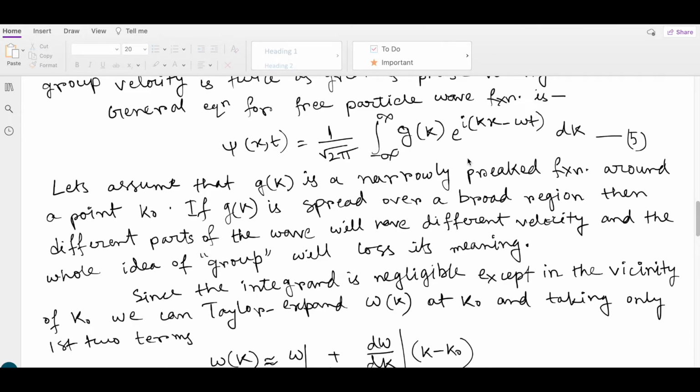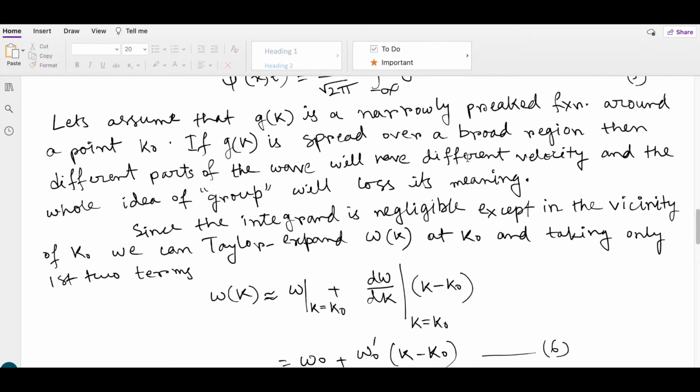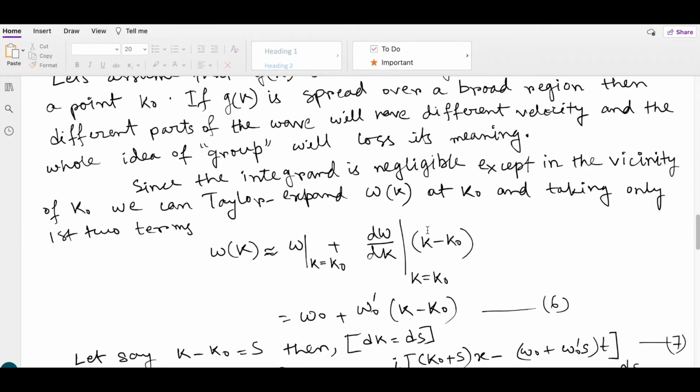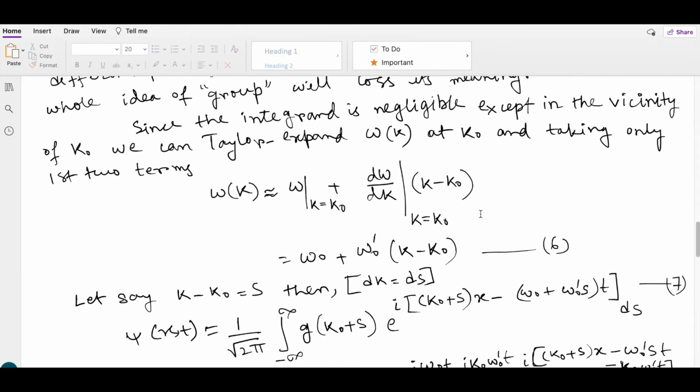If g(k) is spread over a broad region instead of a peak at k naught, then different parts of the wave will have different velocities and the whole idea of a group will lose its meaning. Since the integrand is negligible except in the vicinity of k naught, we can Taylor expand omega(k) around the point k naught, taking only the first term.